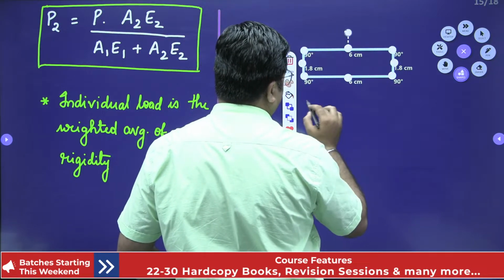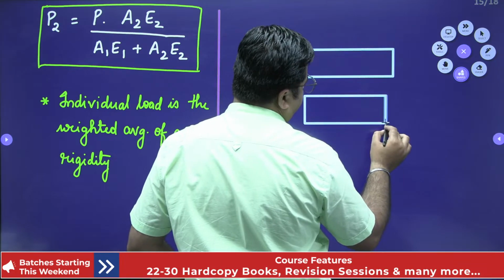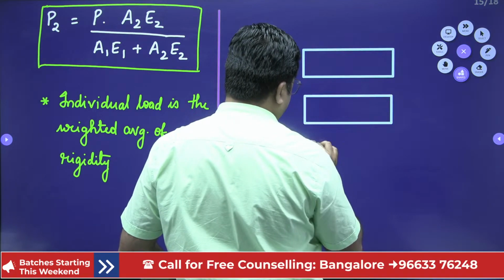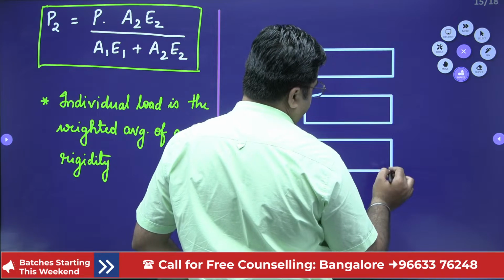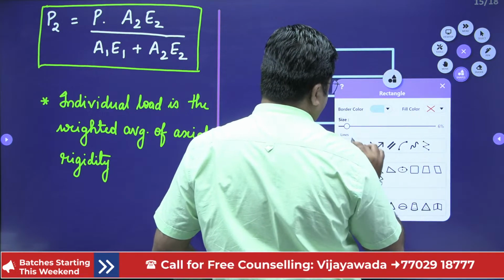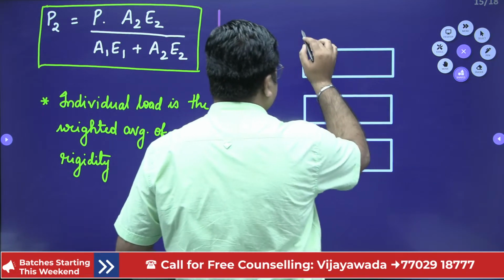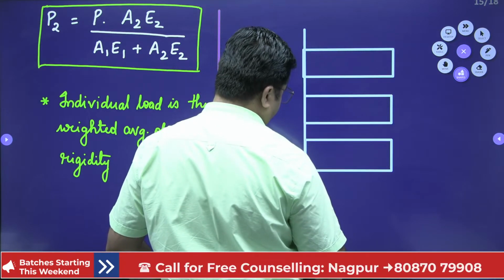This is first member, then this is your second member, then this is your third member, right? And for these three members, you have different values of cross-sectional area and you have different values of Young's modulus.